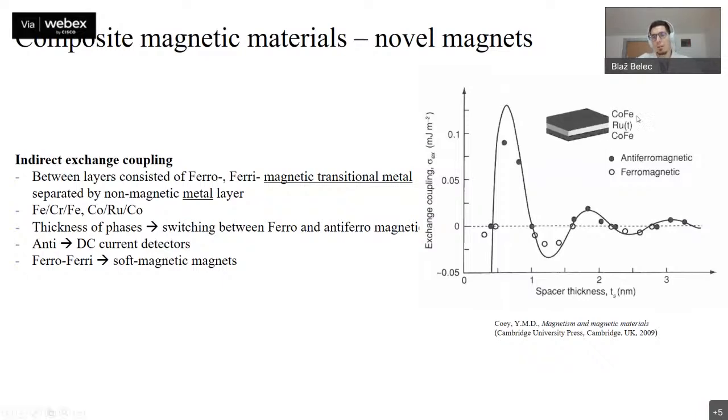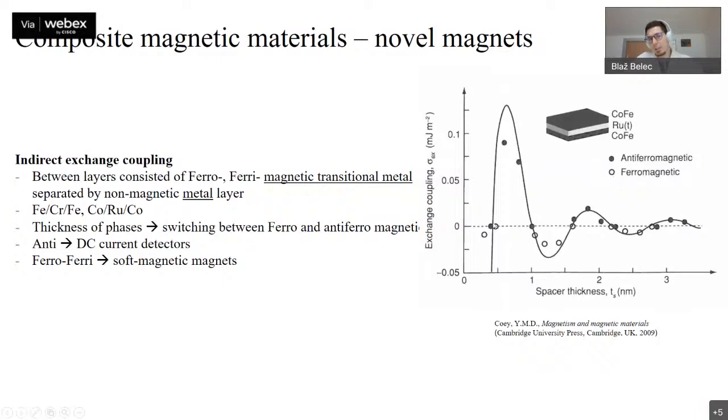So cobalt iron, which is then separated by non-magnetic ruthenium. The thickness of the phases and the thickness of the non-magnetic spacer determine whether we get antiferromagnetic or ferromagnetic material.